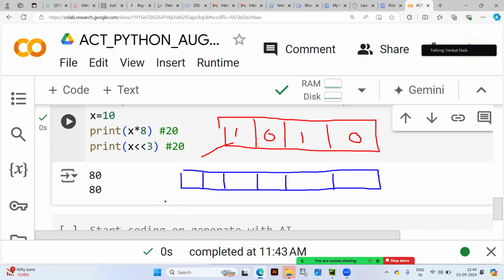Clear? Now if we left shift this 1 once, 1 comes here. This 0 comes to this position, which means here. And this 1 will come to here. And this particular 0 will come to here, which means here.